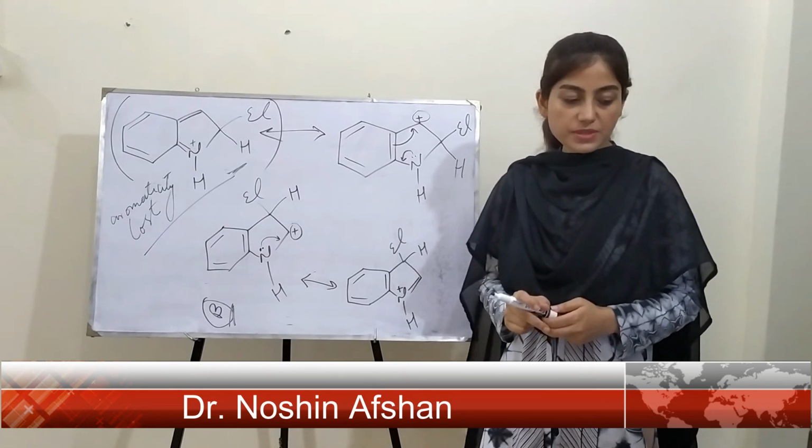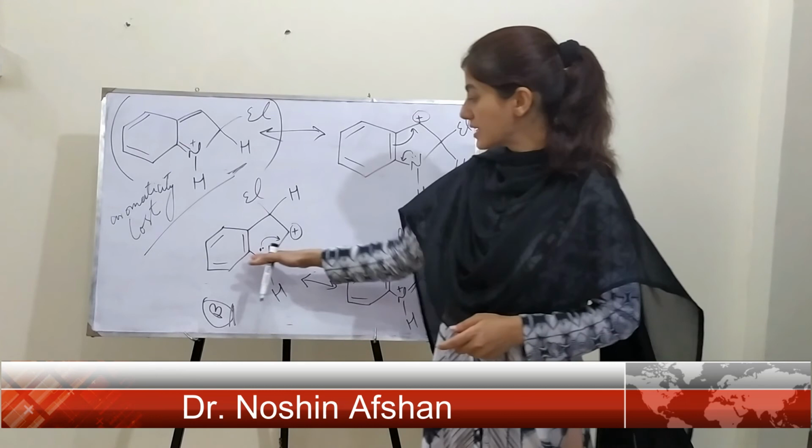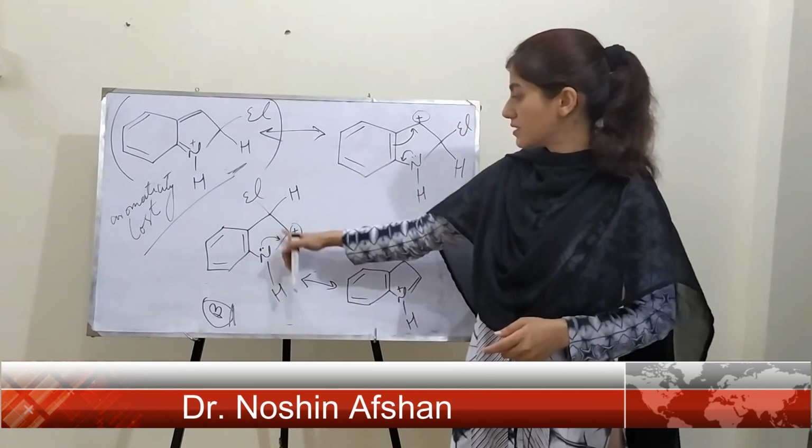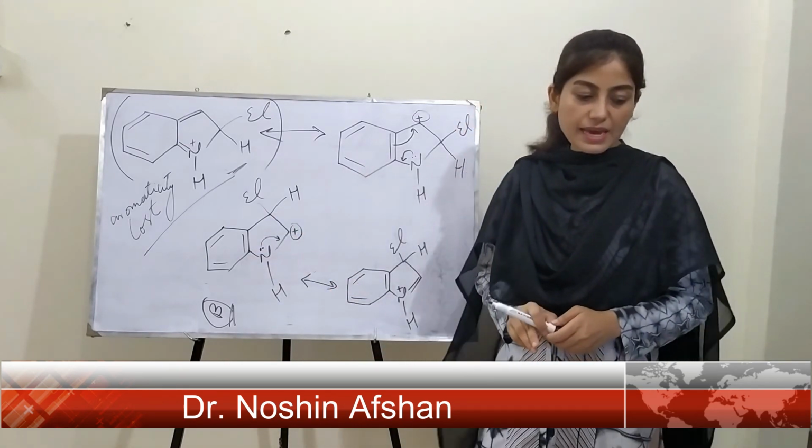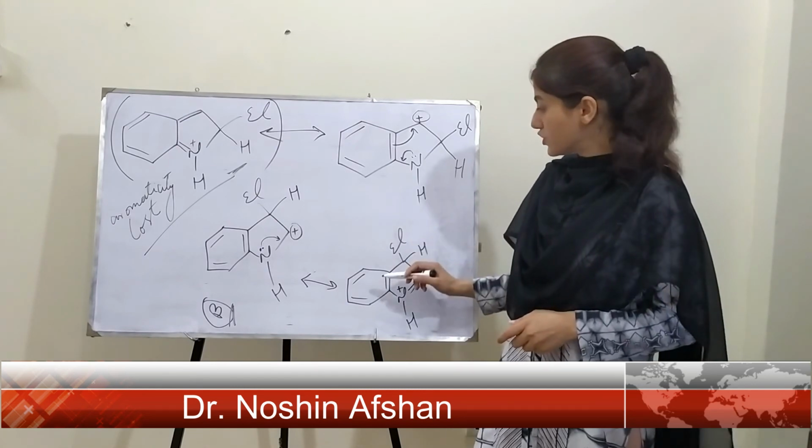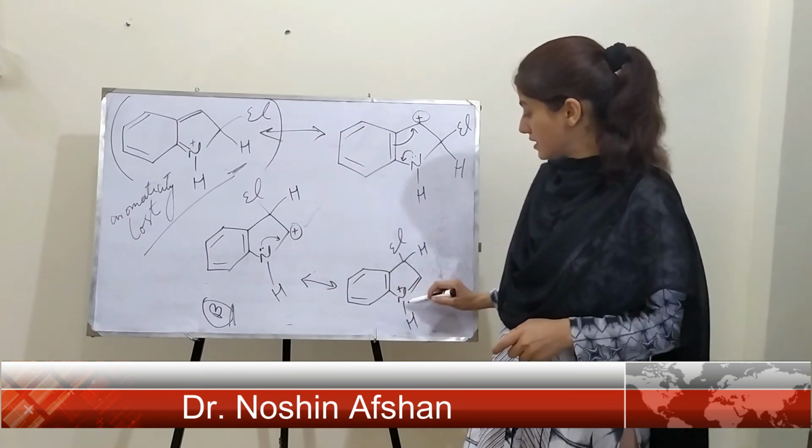So the more stable intermediate from beta attack has delocalized charge. Here the charge is delocalized.